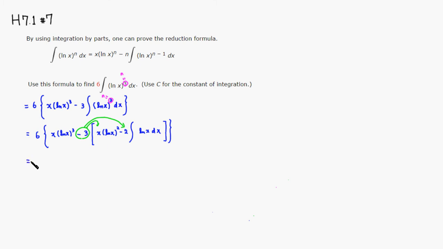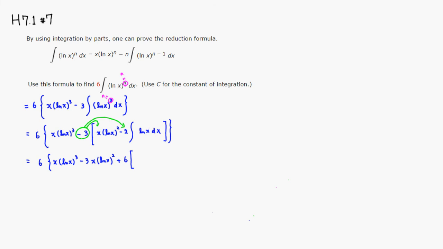So here, 6, I'm going to leave it here. The first term is already finished, so x times natural log of x cubed, then we have a minus 3x times natural log of x squared, and plus 6 times the integral of natural log of x.